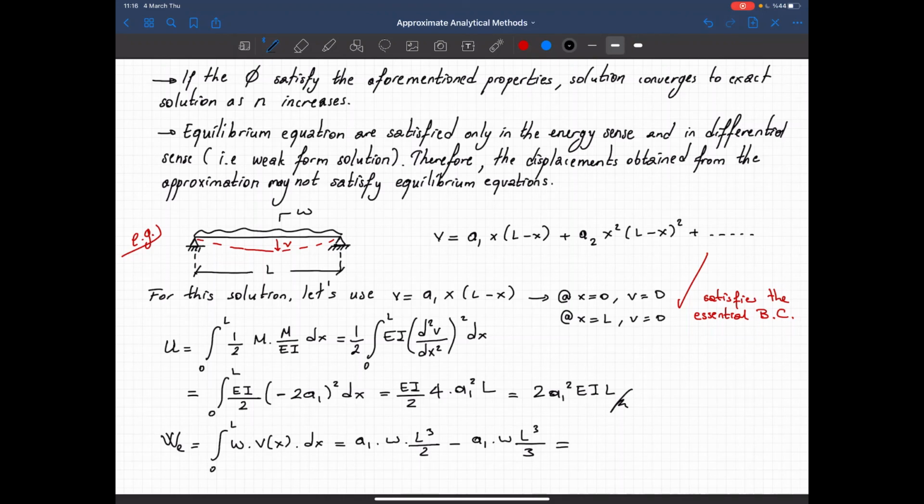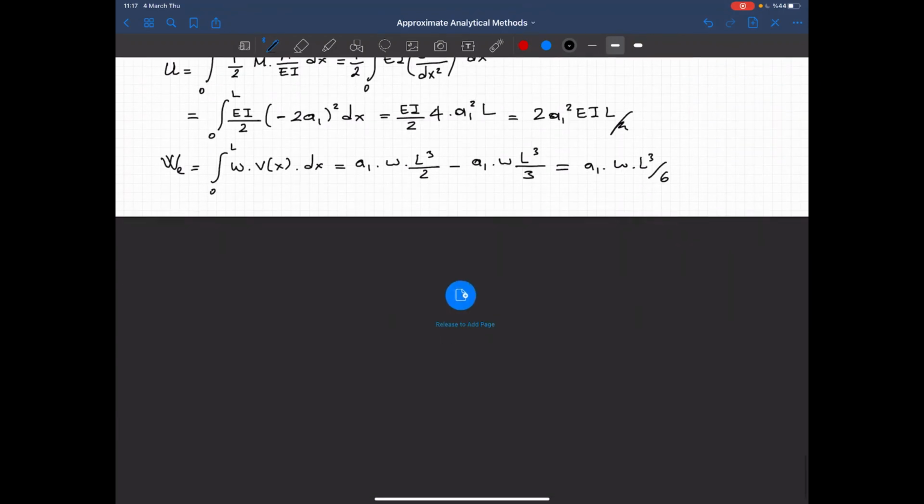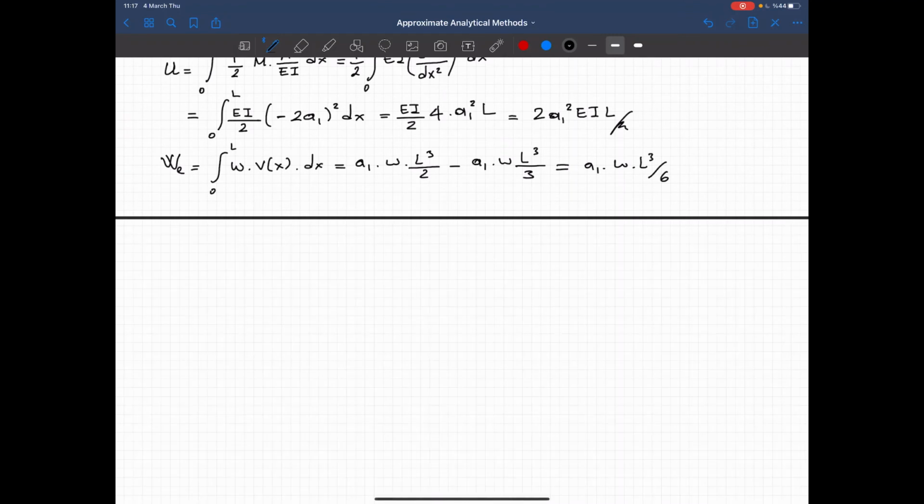And if we simplify that, this is equal to A1 times W L cubed over 6. So our total potential energy functional will be equal to 2 times A1 squared EI times L minus A1 W L cubed over 6.